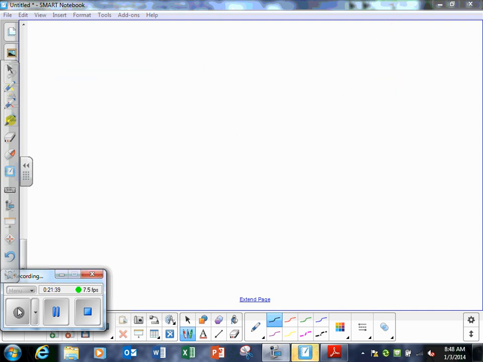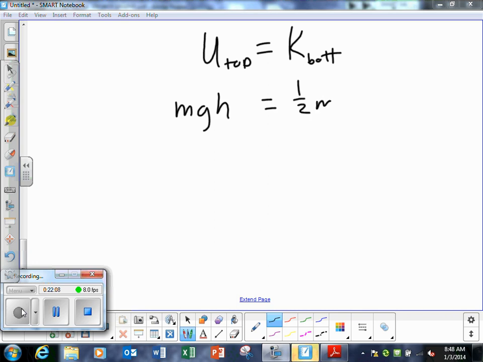So if you look at these formulas, you'll say, hey, the potential energy that I have at the top is going to be fully realized into kinetic energy at the bottom. Now I'll tell you, I haven't told you this yet, but energy has no direction. It's scalar. Okay? So if you look at this, mgh equals 1/2 mv squared.